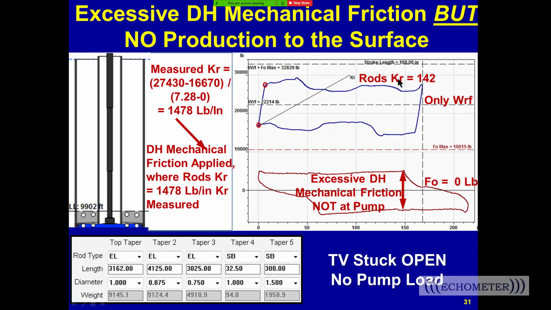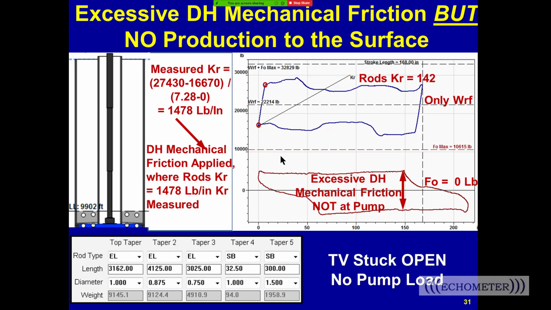And the surface loads are centered around the weight of rods and fluid. You would think that if you're measuring the weight of rods and fluid on average on the upstroke, there's no pump load. And if there's no pump load, then the pump card should be flat. But the pump card's not flat. And so Clint said, there's no production at surface.